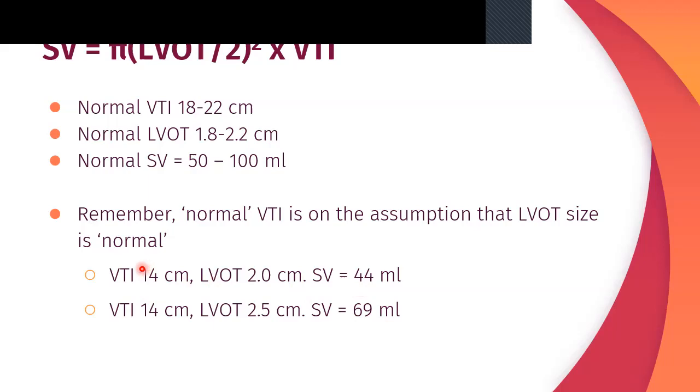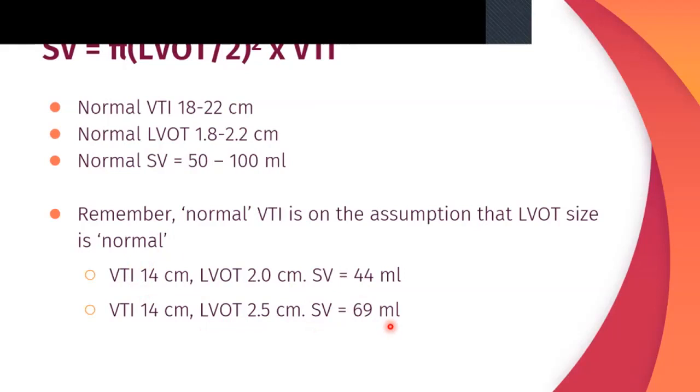So you think this VTI is low, but if we calculate the LVOT and it's actually 2.5, then our stroke volume is actually 69. So it might actually be normal. That's why it's important to calculate the LVOT to get the actual stroke volume. Just the VTI is not enough.